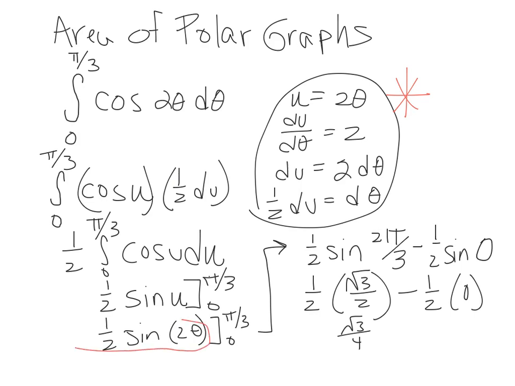So this right here is what we probably will be seeing again in our lesson today. So that was just a little preview. What you notice when we did the cosine of 2 theta is that we have a 1/2 out in front, then it's the sine of 2 theta.